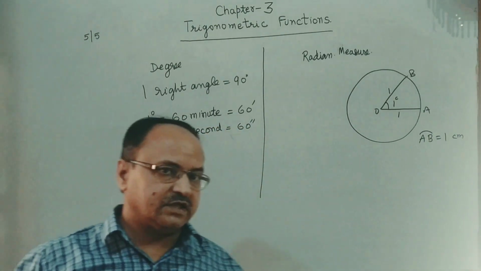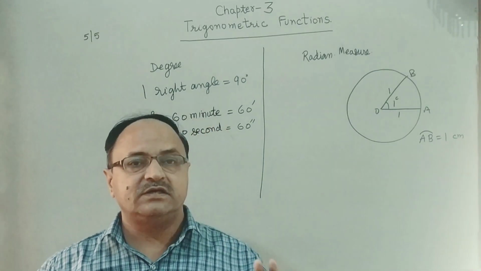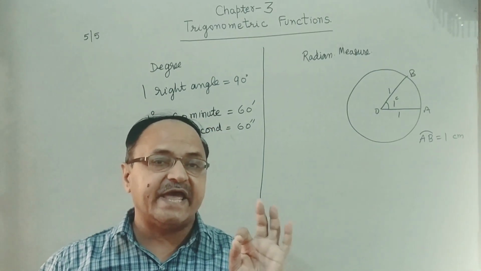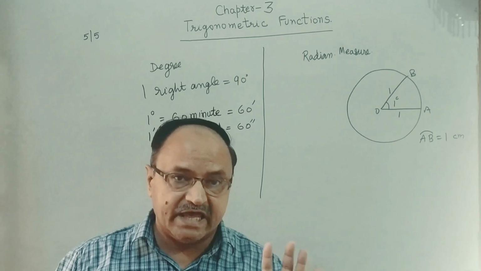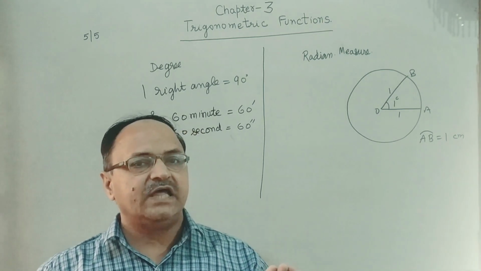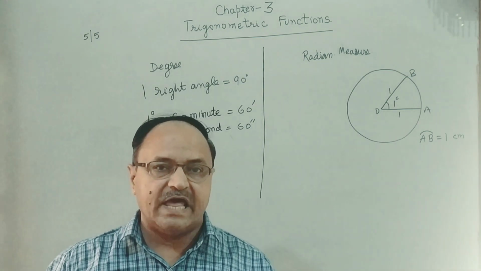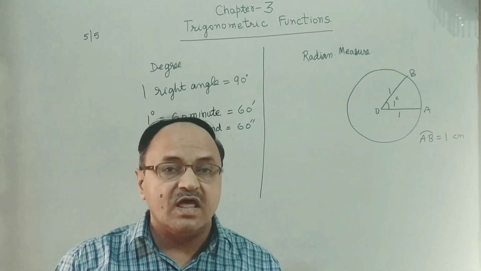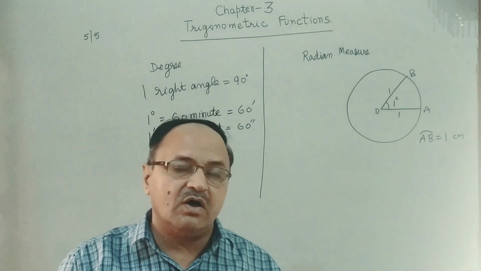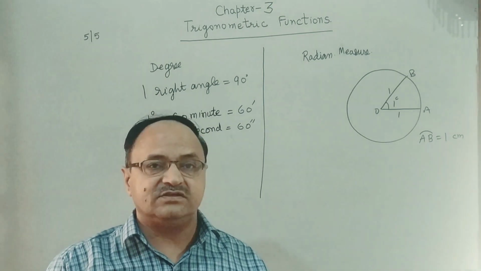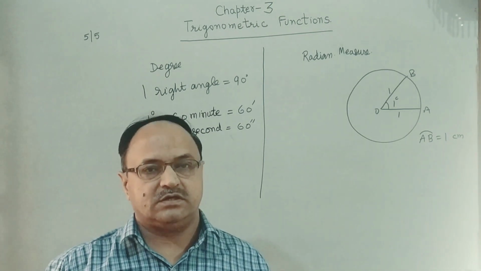The definition of radian is an angle subtended at the center of the circle by an arc of length equal to the radius of the circle.